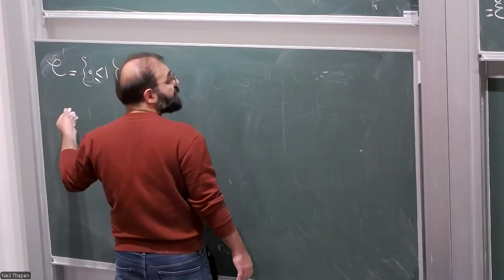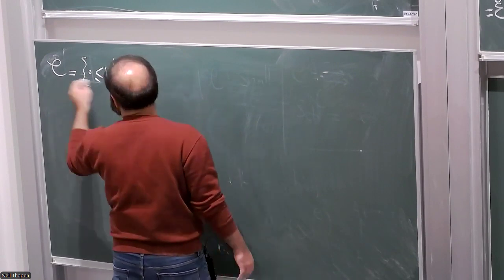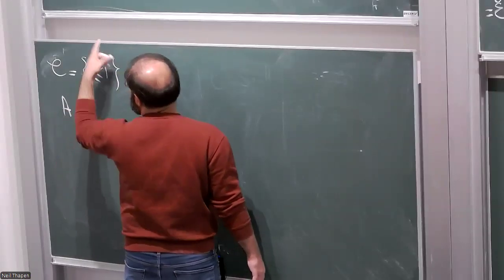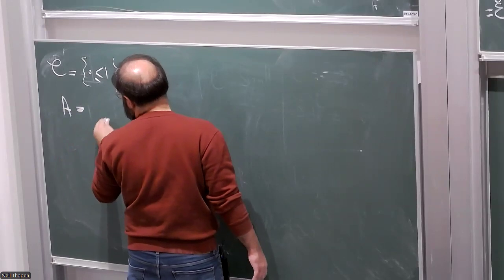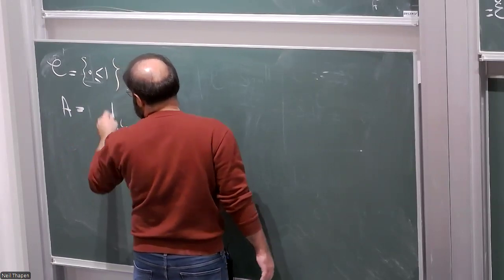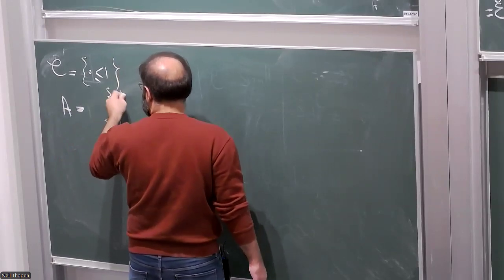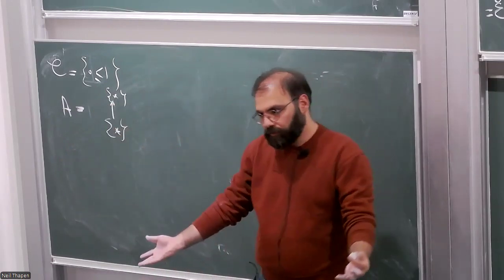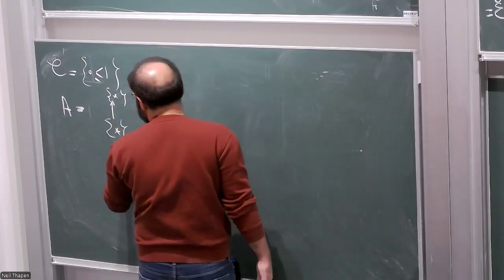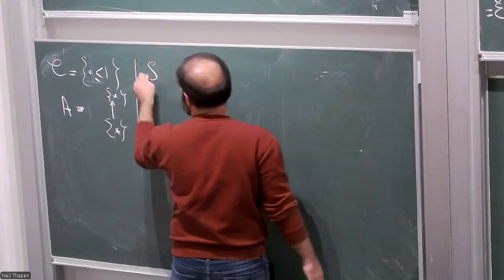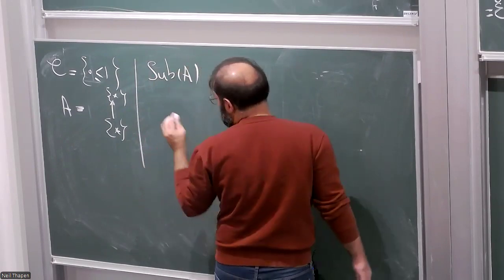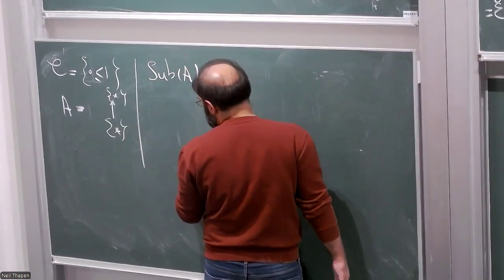So I'm trying to find a good example. So C is this. A should be just some variable set, and the variable set simply is star. It is just a singleton that varies over time, so it does not vary really, right? And then the sub-objects here, let's compute Sub A.